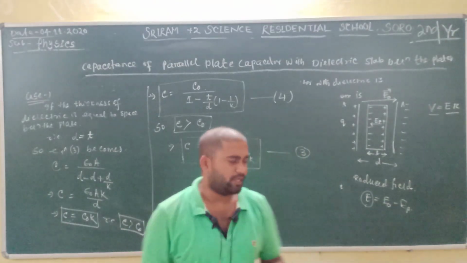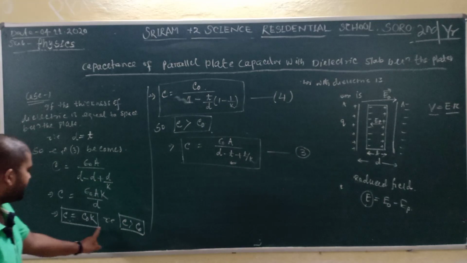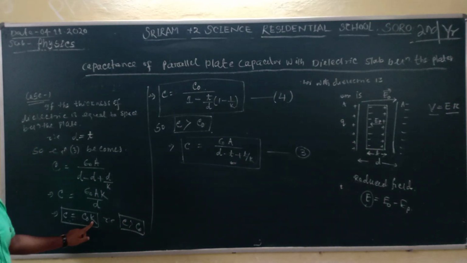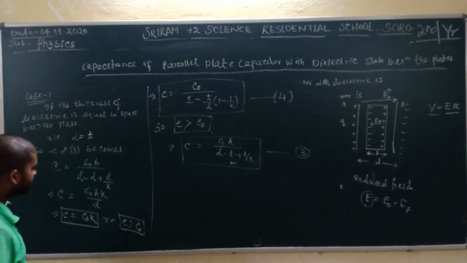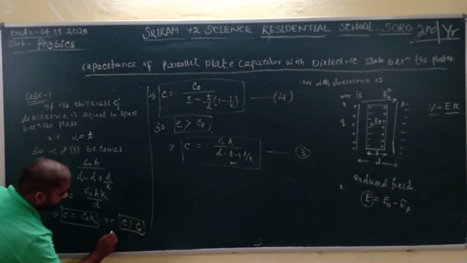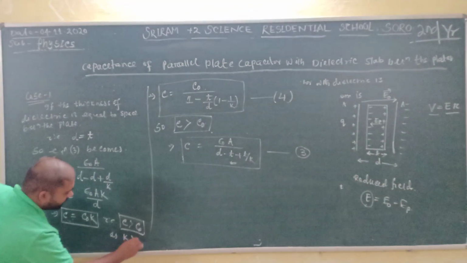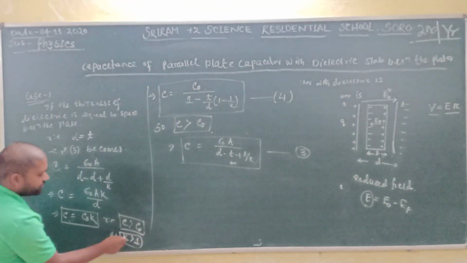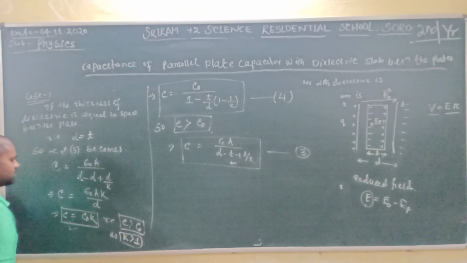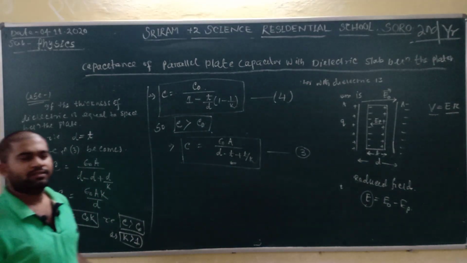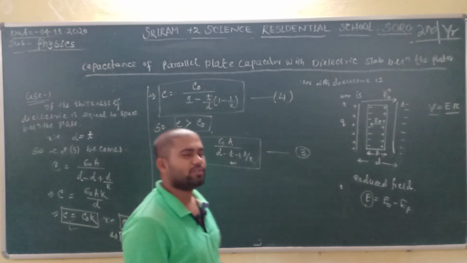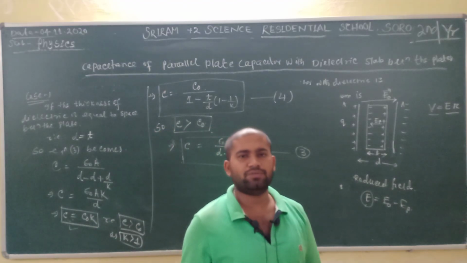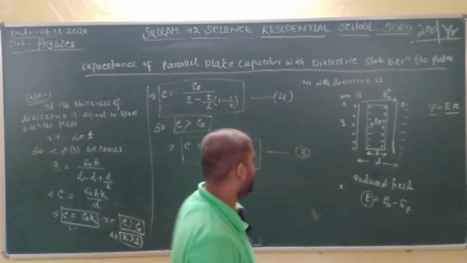Understand? Why does this expression arise? K is always greater than 1. So as K is always greater than 1, this expression indicates the capacity of the parallel plate capacitor increases as we introduce a dielectric slab in between the plates.